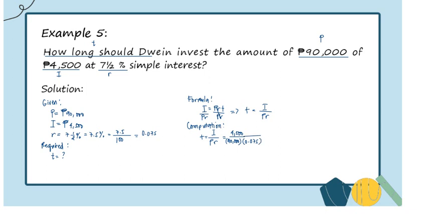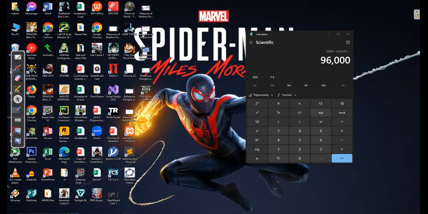So we could have first yung values doon sa denominator. So mag 90,000 muna tayo times 0.075. 90,000 times 0.075 would give us 6,750.